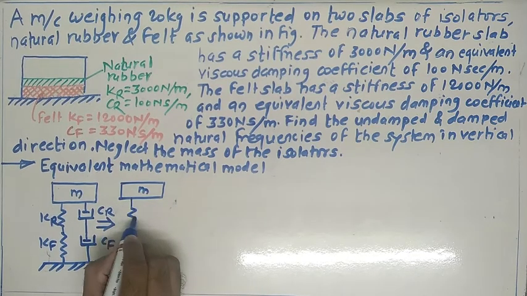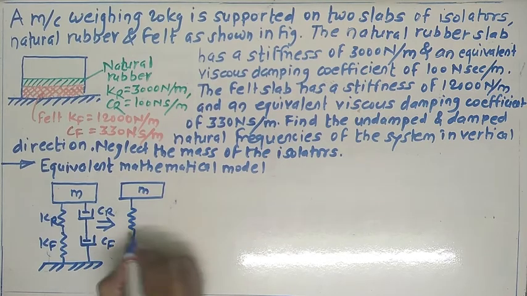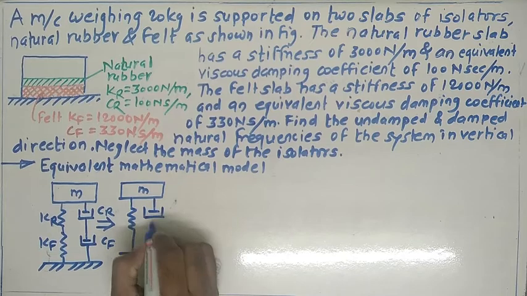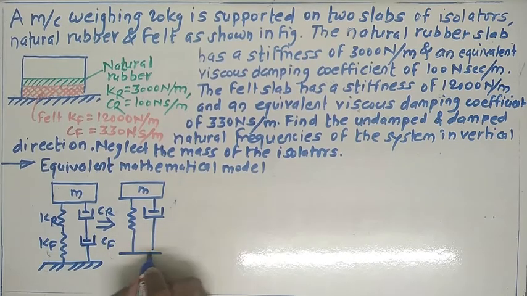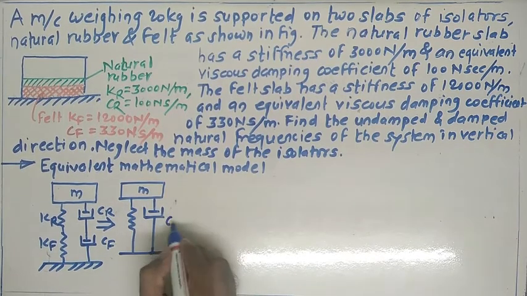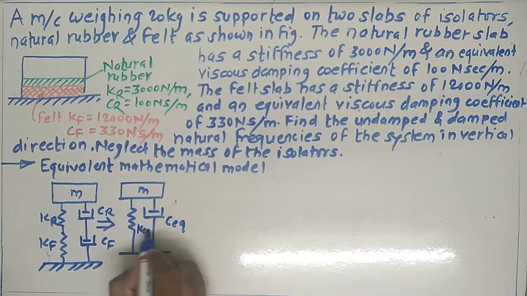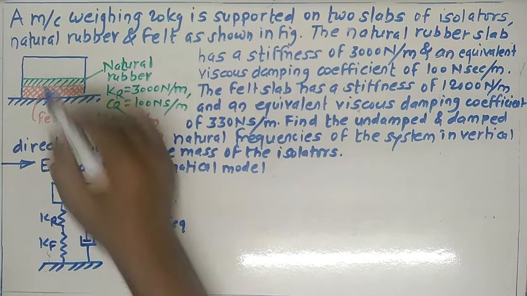The equivalent stiffness can be represented by a single spring and the equivalent damping coefficient by a single damper. I will give the suffixes C equivalent and K equivalent. In this way I can get the mathematical model for this physical system.